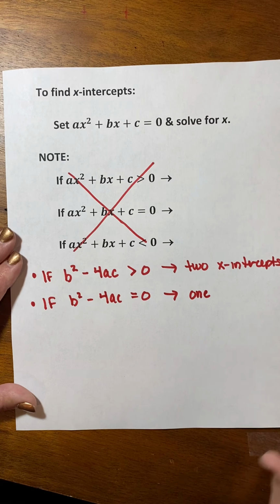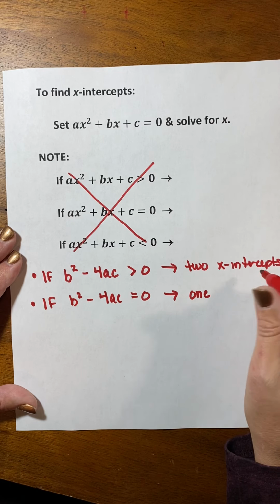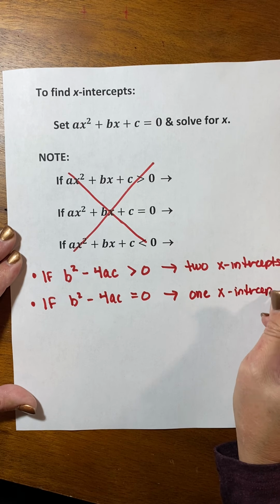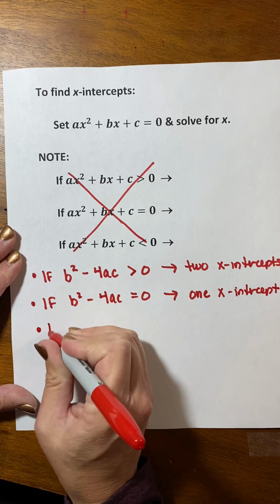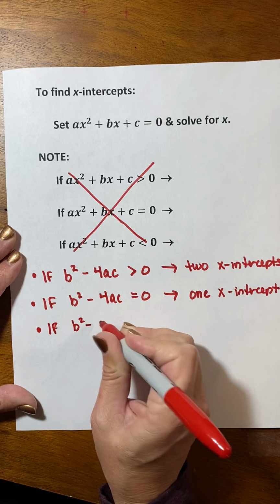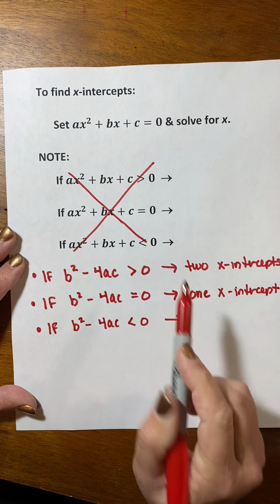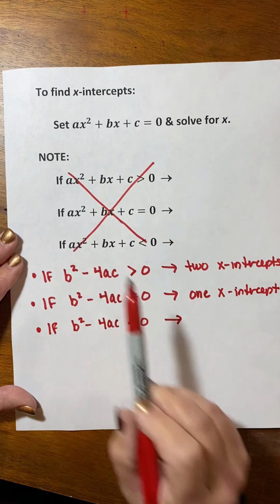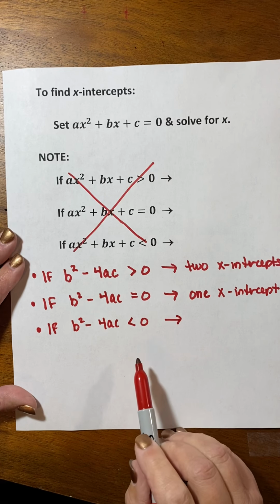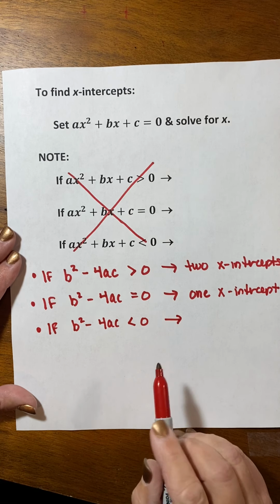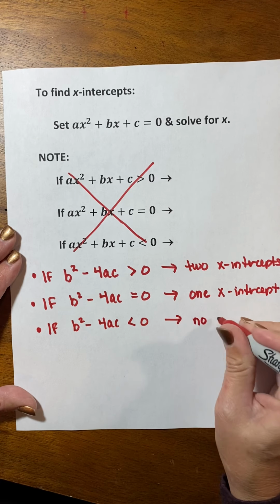That's when you have a perfect square trinomial and the vertex sits on the axis, so 1 x-intercept. If b squared minus 4ac is negative, then the quadratic equation will have 2 imaginary solutions, and we don't see imaginary solutions on graphs. You will have no x-intercepts.